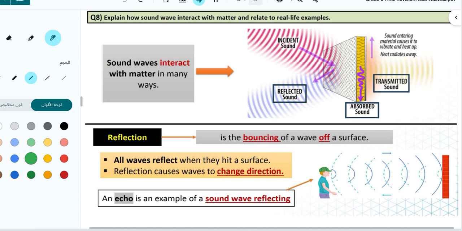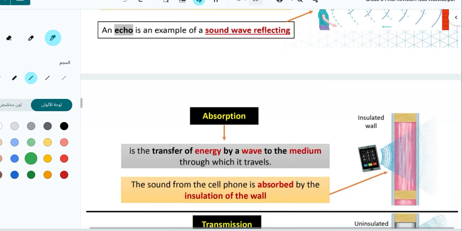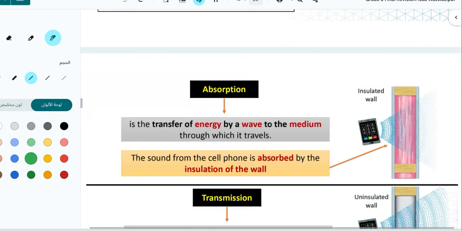So as he yells out, the wave will bounce off the wall. This is reflection, or an echo. An echo is the reflection of sound off a hard object. Absorption is the transfer of energy of the wave into a medium.